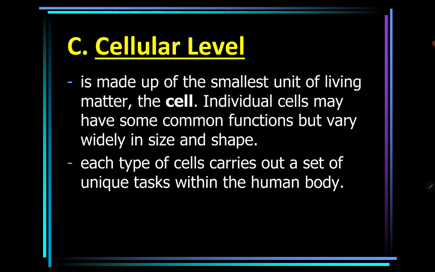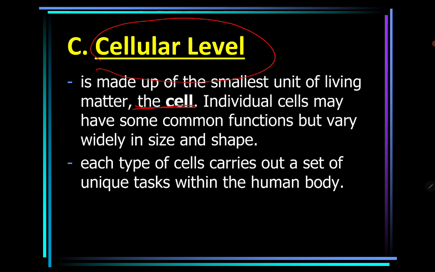Each bacterium is a single cell, and all living structures of human anatomy contain cells, and almost all functions of human physiology are performed in cells and are initiated by cells. So the cellular level is made up of the smallest unit of living matter called cells. Individual cells may have some common functions but vary widely in size and shape.